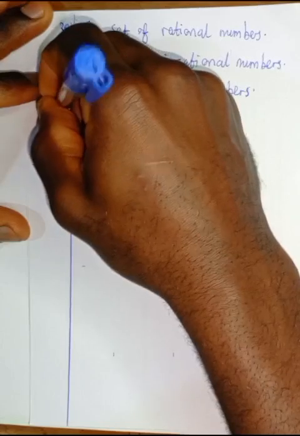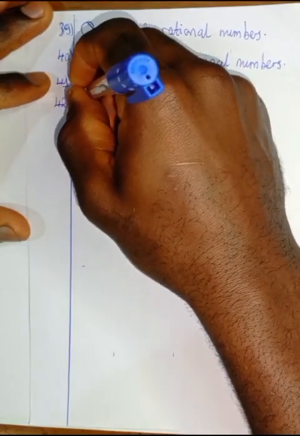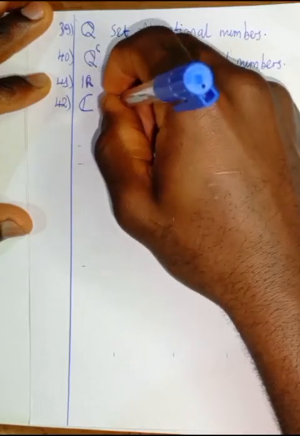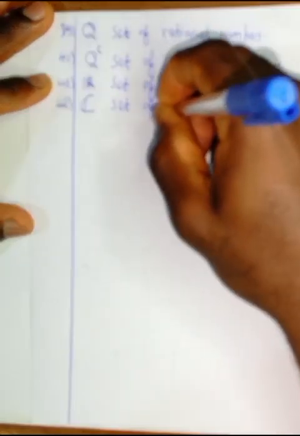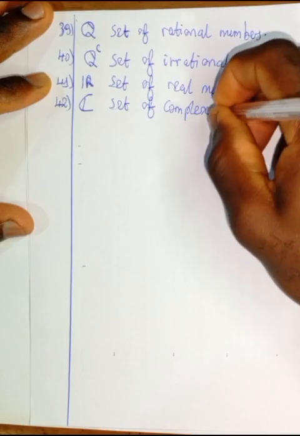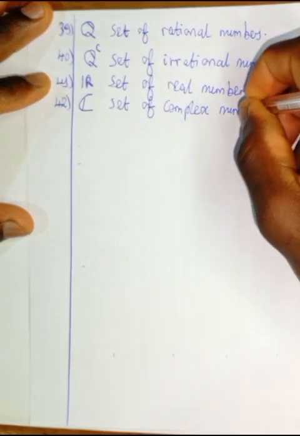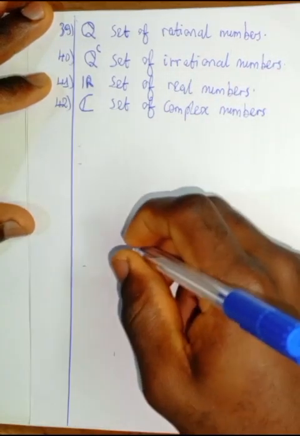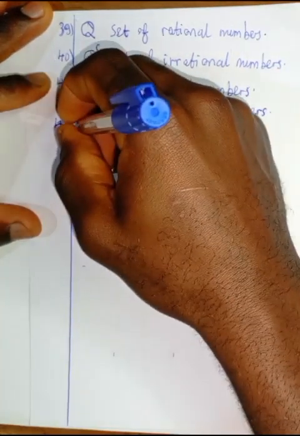We go to 42. We have C, which stands for the set of complex numbers. When we talk of complex numbers, these are numbers that have real and imaginary parts. We go to 43.